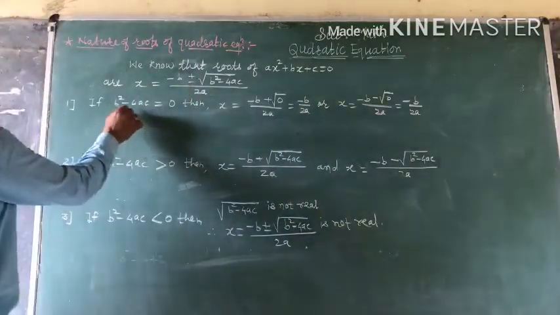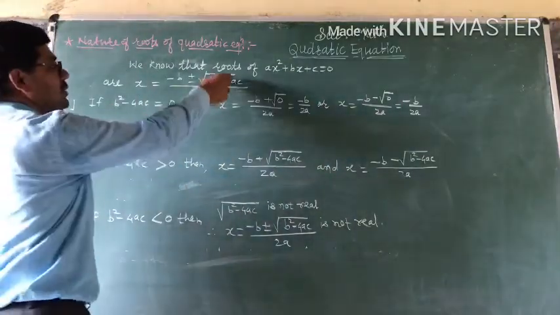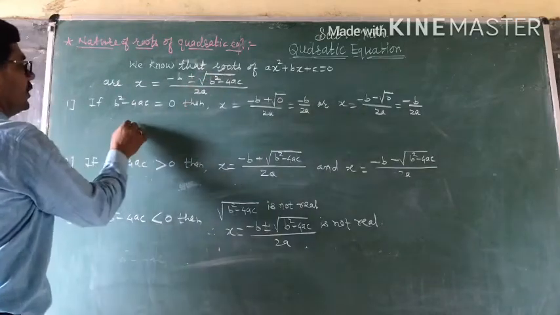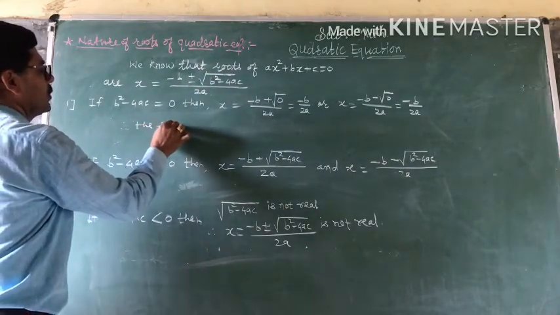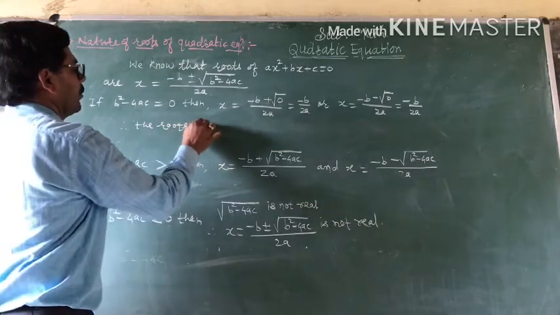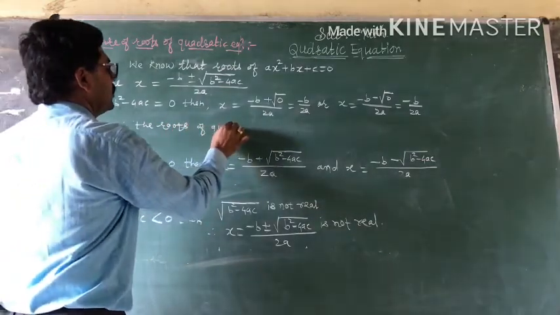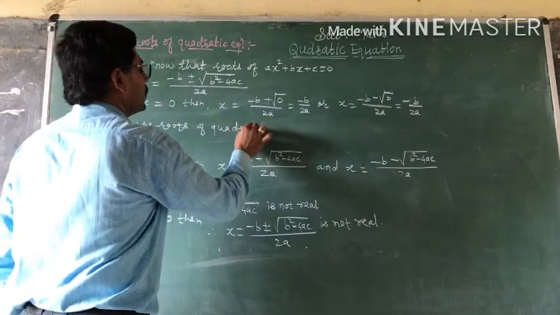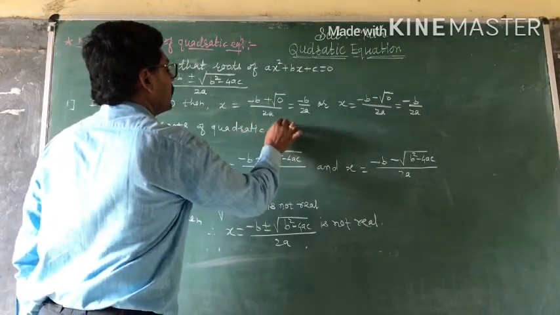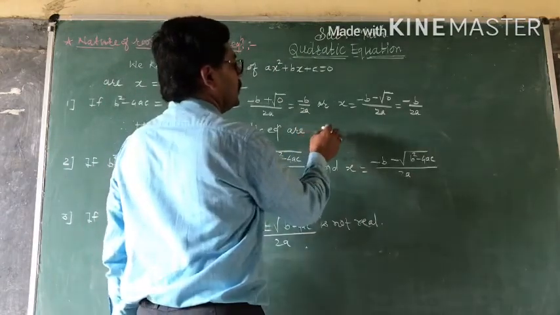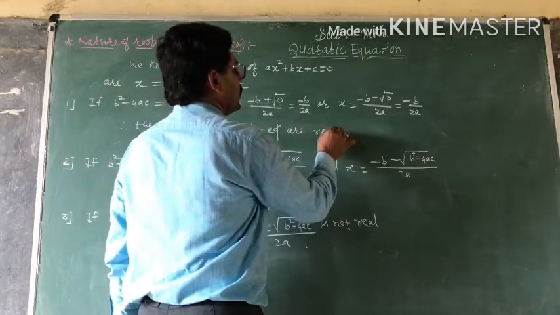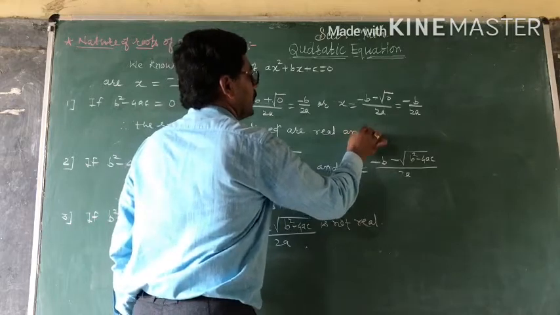Therefore, if b² - 4ac is equal to 0, then the roots of the quadratic equation are real and equal.